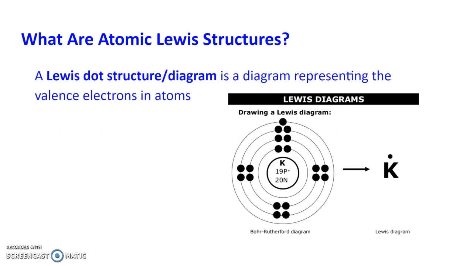So what are atomic Lewis structures? A Lewis dot structure or Lewis dot diagram is a diagram representing the valence electrons in an atom. So it's really just a simplification of the Bohr-Rutherford model. Instead of showing every energy level and every electron, it only shows the valence electrons.